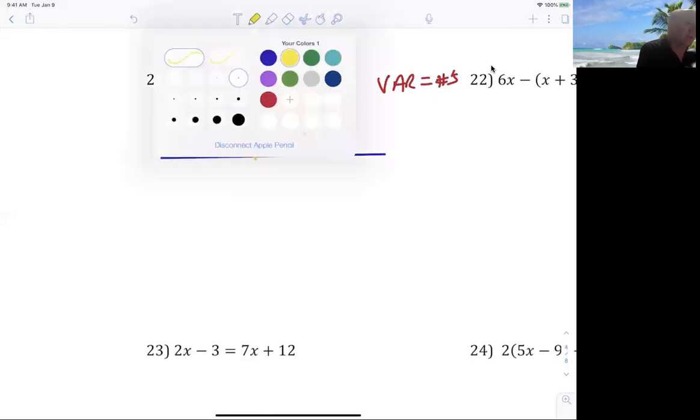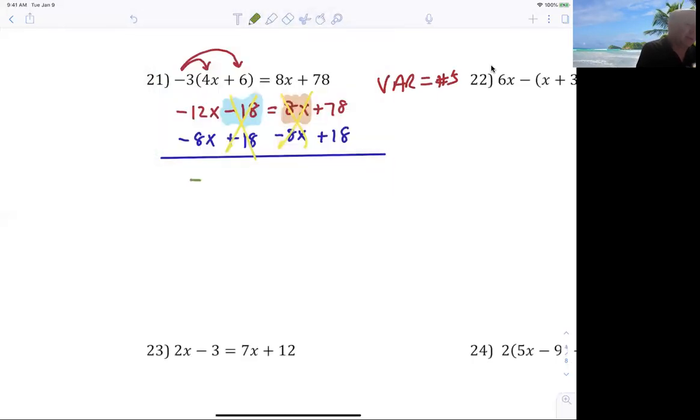Now we know that 8x and -8x cancel, -18, +18 cancels. And so now I'm left with -20x is equal to 96. Now this is kind of ugly because it doesn't divide evenly. So let's go ahead and divide by -20, divide by -20. X equals a positive divided by a negative is a negative.